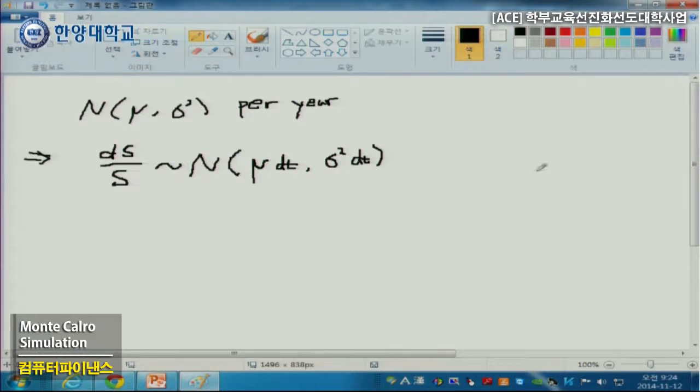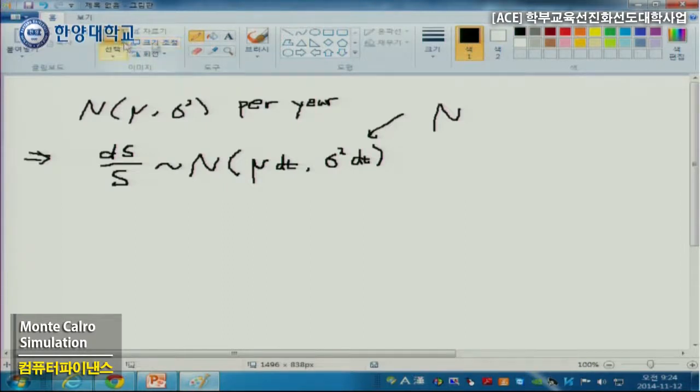So if annual volatility is 20%, then the 1 year variance is, let's say, 4%. Then the 2-year variance is like 8%, which is approximately true if stock return is independent over time, right?